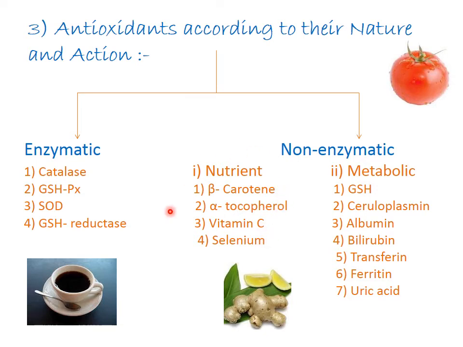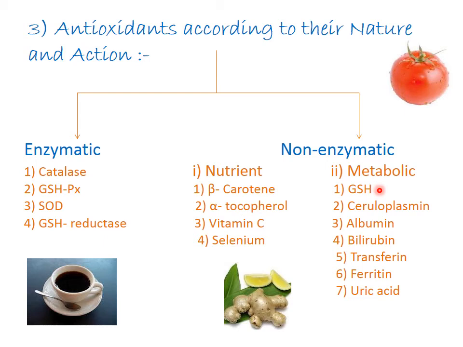Then we come to the metabolic antioxidants, which are produced as a metabolism in our body, like glutathione, which is a very essential antioxidant present in the RBC membrane.